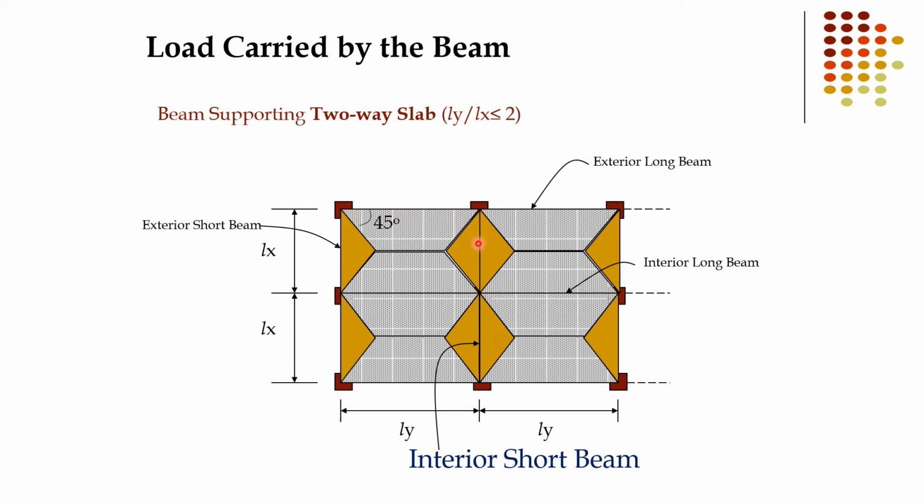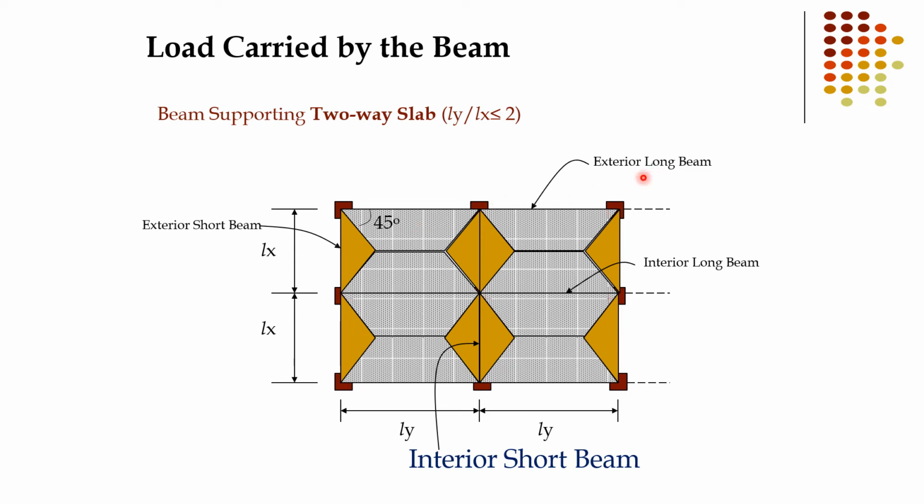And for this interior short beam, this triangular load will come from this side of the slab, and this triangular load will come from this side of the slab. Similarly, the whole slab is distributed with the demonstration using symbols. This is the triangular load distribution and this is the trapezoidal load distribution.